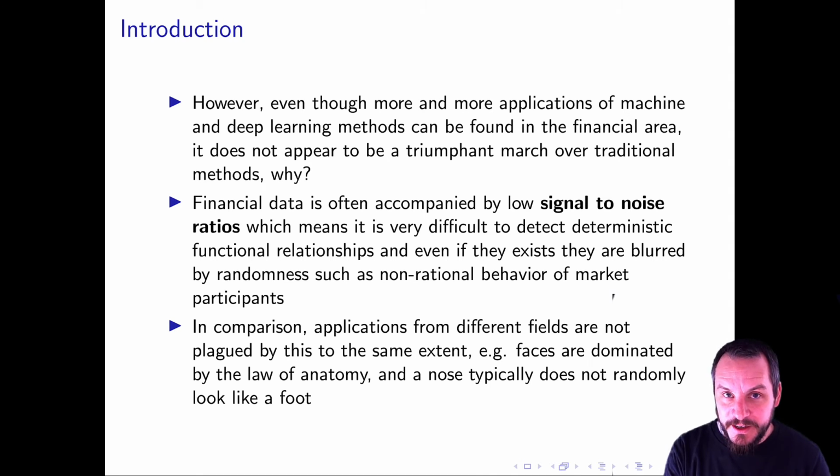This deterministic relationship is blurred because many market participants maybe don't believe it's exact in this way, and then they behave on the basis of some other reasoning they only have for themselves, and this drives the stock price again, and then you see that the original deterministic relationship is blurred by the random behavior of the participants.